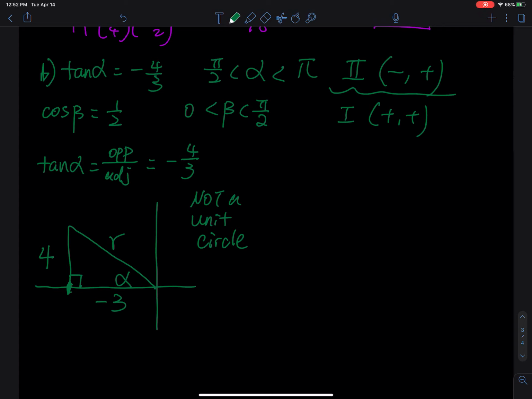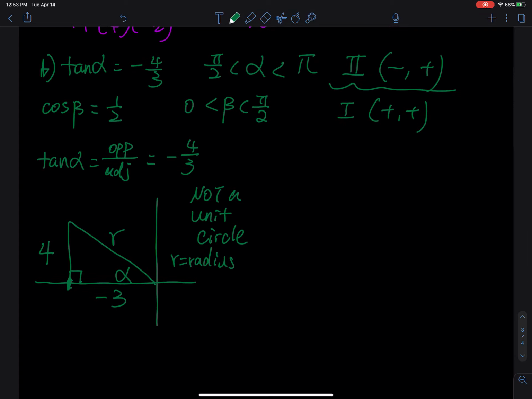Why? Because the radius of the circle is not equal to 1. You cannot guarantee that r is equal to 1. We have to figure out r using the Pythagorean theorem. r is a radius, but we are not using a unit circle, so we don't need to worry about this.